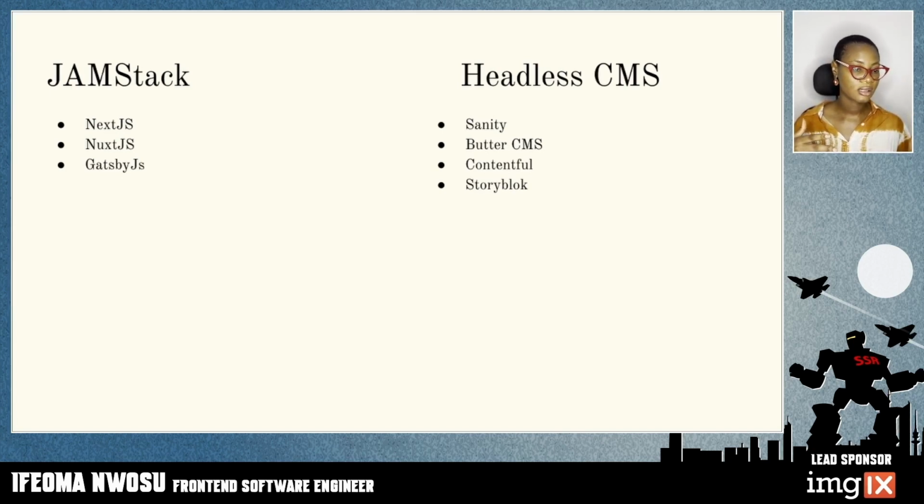Content is created in the headless CMS, and it serves this content in the form of an API which gets consumed by the JAMStack tool, could be Next.js or Nuxt.js.